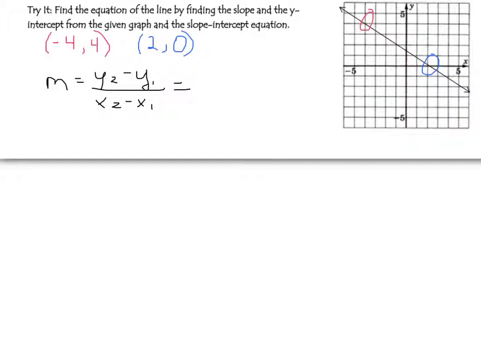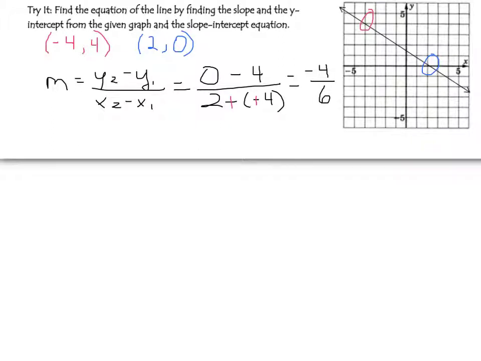So we are going to write y2 is 0 minus y1 is 4 over x2 is 2 minus x1, and be careful with your negative. So on top we get -4, and on bottom, since minus a negative is the same thing as plus a positive, we get 6.